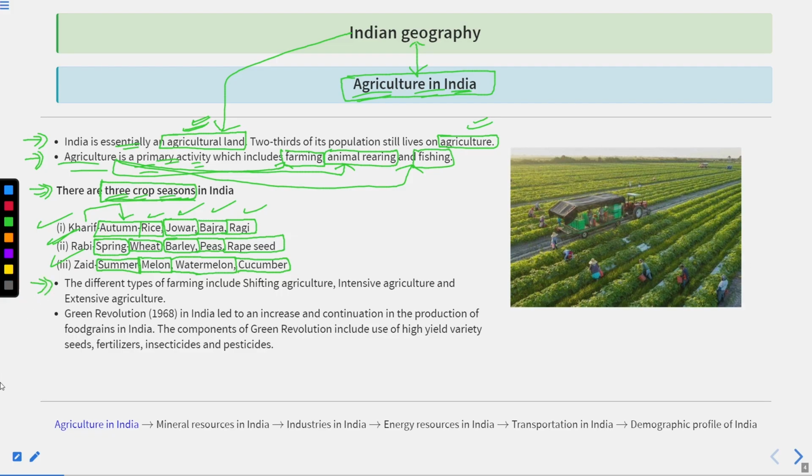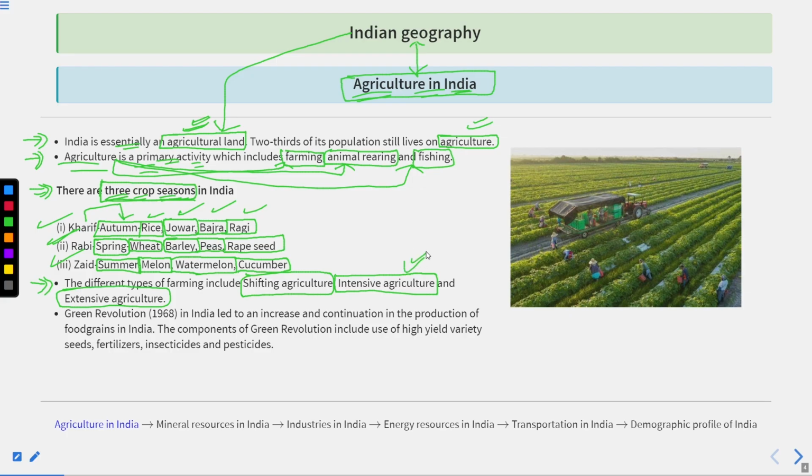The different types of farming include shifting agriculture, intensive agriculture, and extensive agriculture. In shifting agriculture, generally the farmers clear the forest area, make it into an agriculture field, do agriculture for 3 or 4 years, and then move to another place.